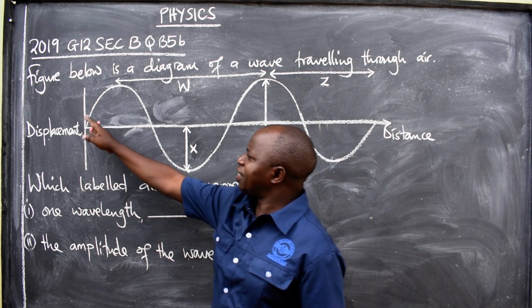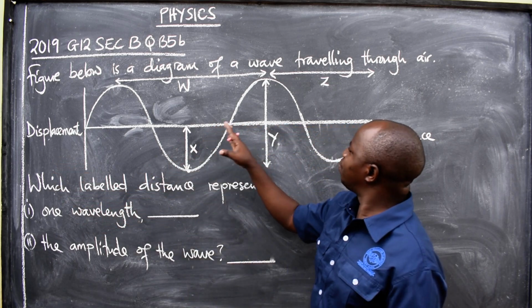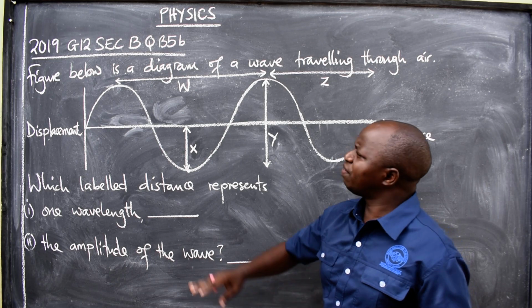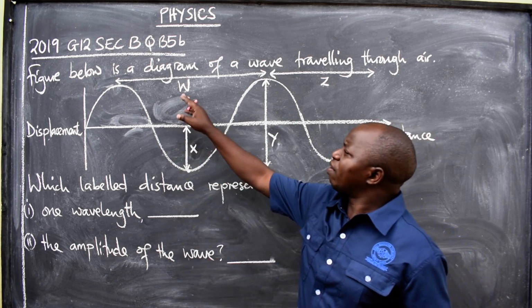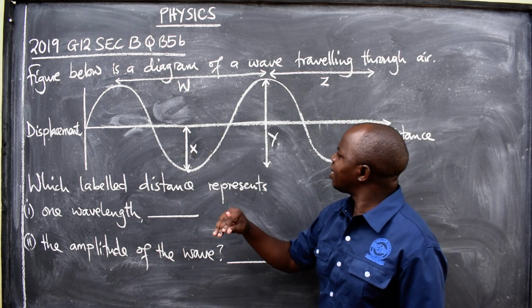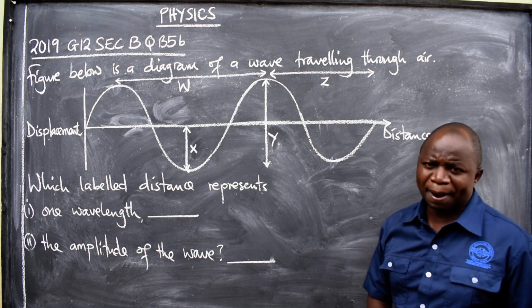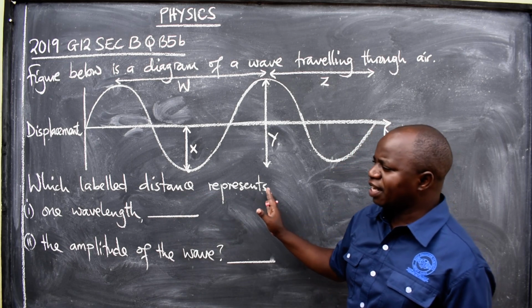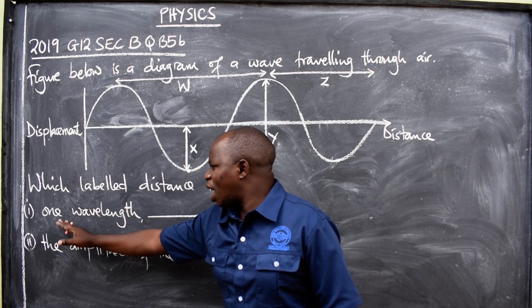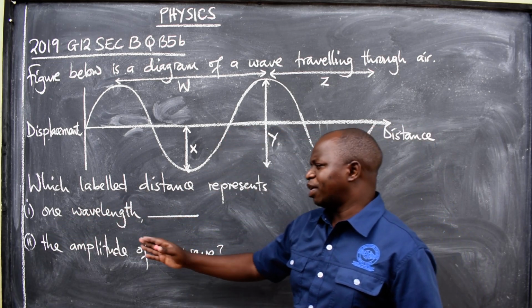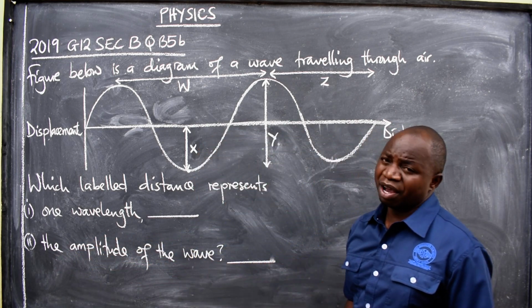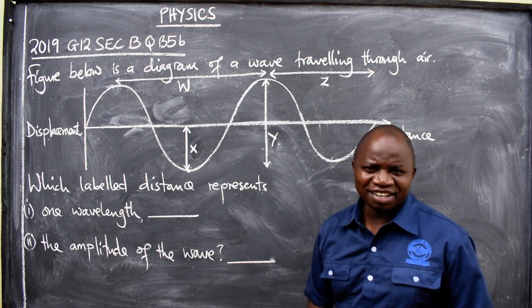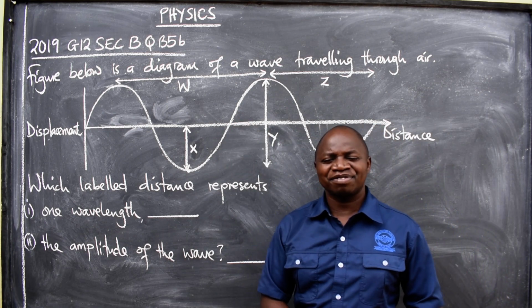We have displacement here, we have distance this side, and the wave is labeled with different letters: W, X, Z, and Y. Now the question: which labeled distance represents Roman numeral 1, the wavelength? Roman numeral 2, the amplitude of the wave. Pause the video, answer, and tell me the correct answers.